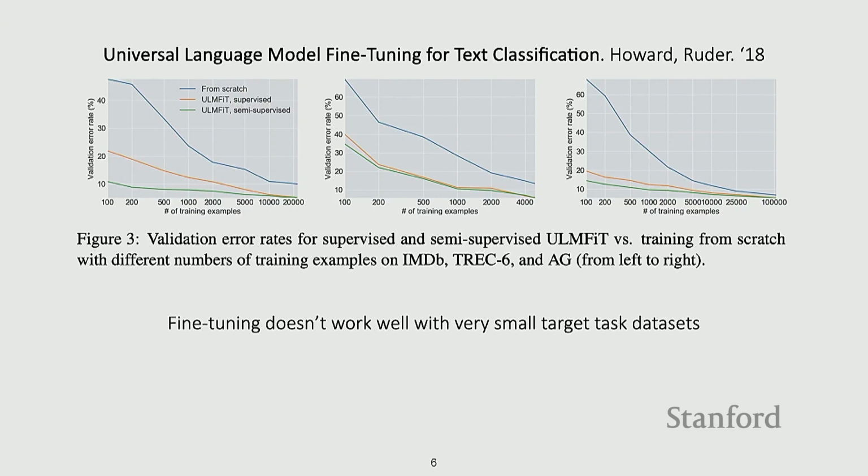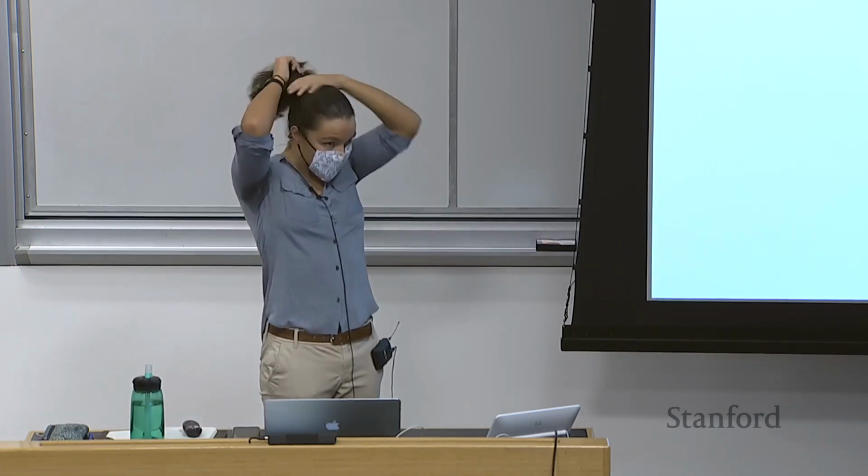Could you just explain why it doesn't work well with small target task data sets? Because my intuition is it may overfit small target data sets. Yeah, absolutely.